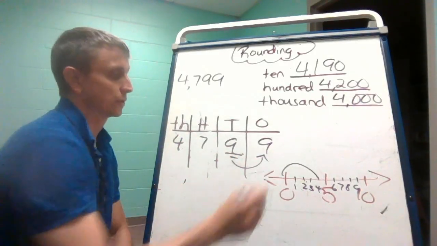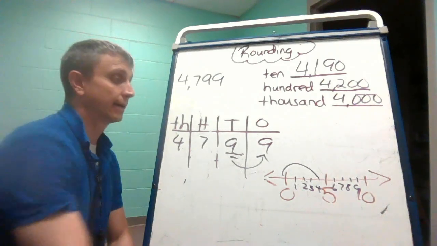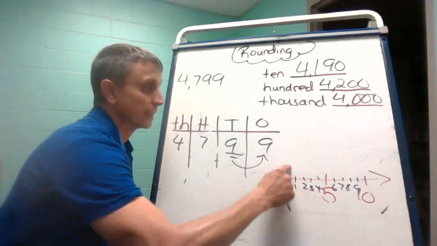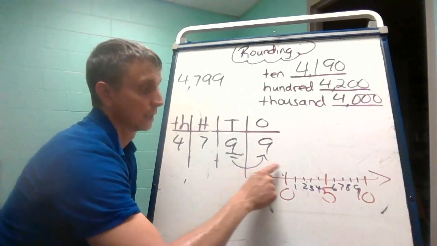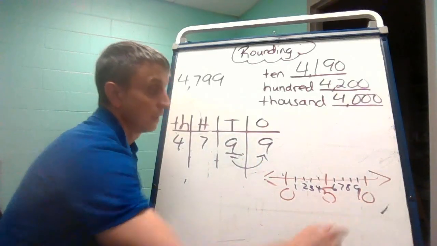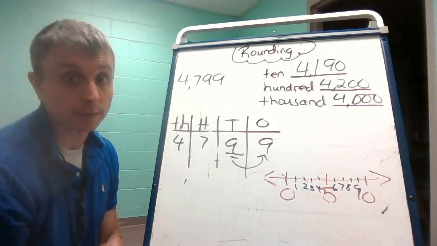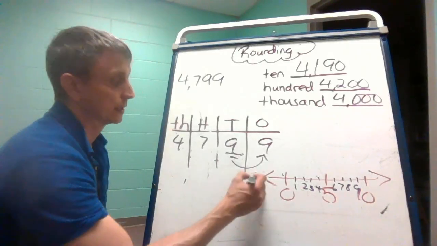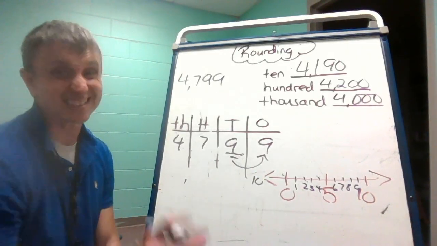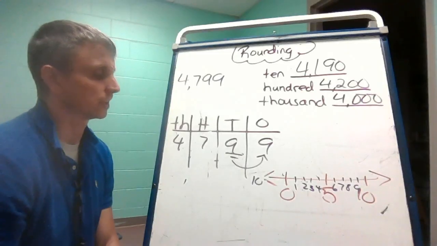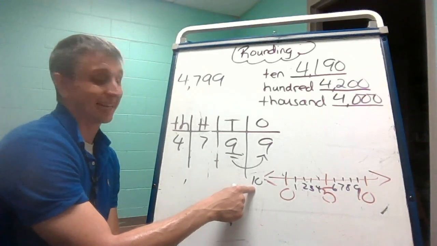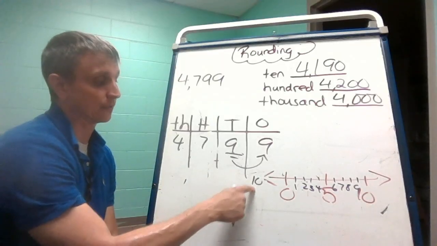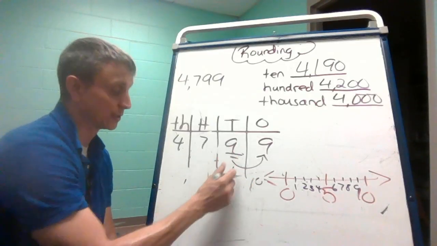I'm going to look next door like I did before, and I can see clearly that my 9, which is what the arrow is pointing to, is closer to 10. So here's one way you can think about it also. I'm going to put this 10 down here. Now this is kind of, it's not a trick, it's arithmetic. And then that 1, I can't have 2 digits inside of that place value, so I'm going to share it with this one.